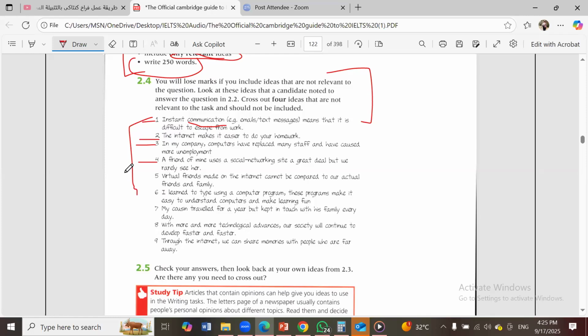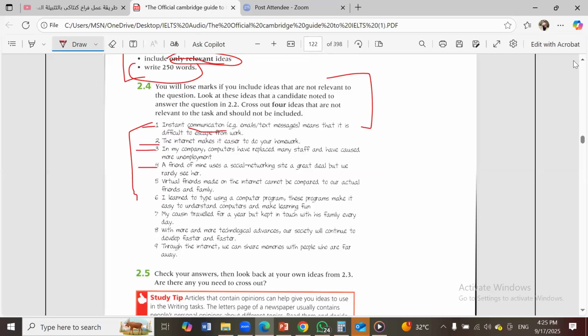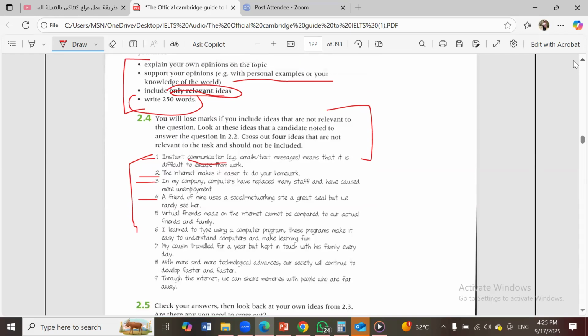I think example. Yes, example. A friend of mine, uses a social networking site a great deal, but we rarely see her. Rarely or hardly, they both mean نادرا.